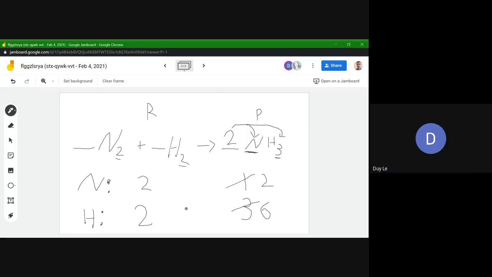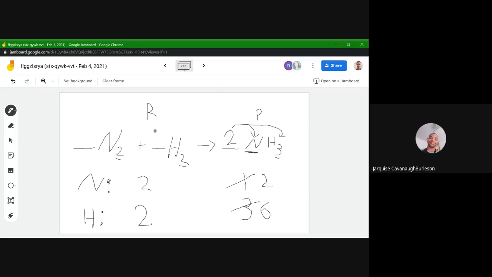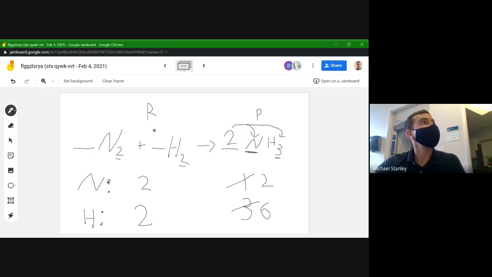We put 3 on H. Ooh, I like that idea. Yeah. So if this becomes a funky looking 3, now 3 times 2 is 6.